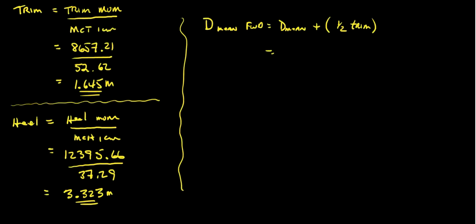The mean draft is 18.8 meters, plus half your trim, so that's 0.5 times your trim, which is 1.645. So your mean draft forward is 19.6225 meters.